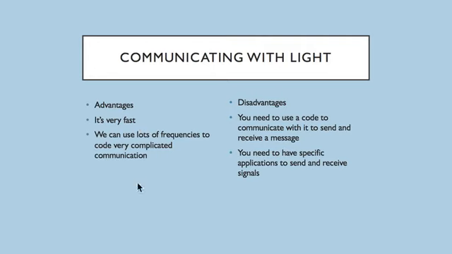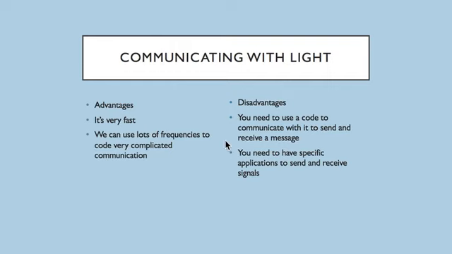Now, communicating with light, some advantages are that light is really, really fast, and we can actually use lots of different, we call them frequencies or wavelengths, to code really complicated communications. So this is how we communicate our phone signals, it's how we communicate radio, it's how we communicate computer signals and broadband and things like that. They all use types of light to basically communicate like that.